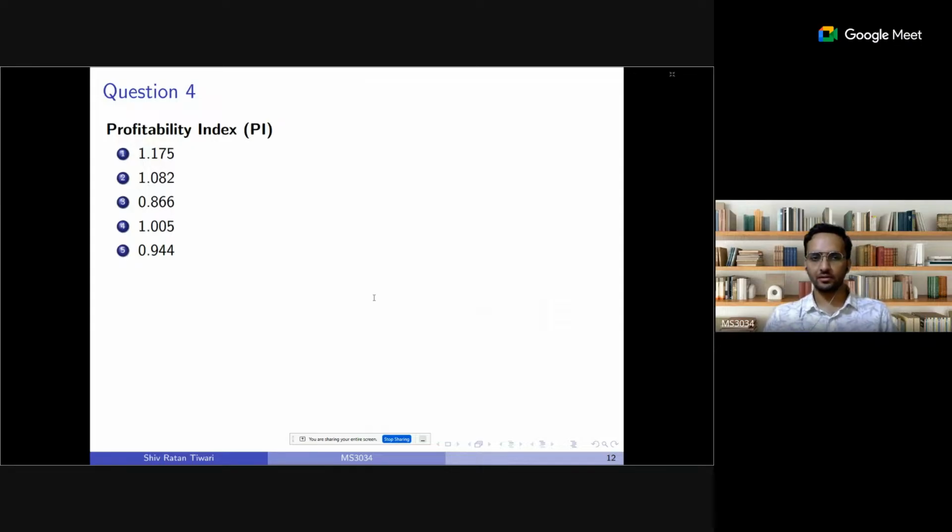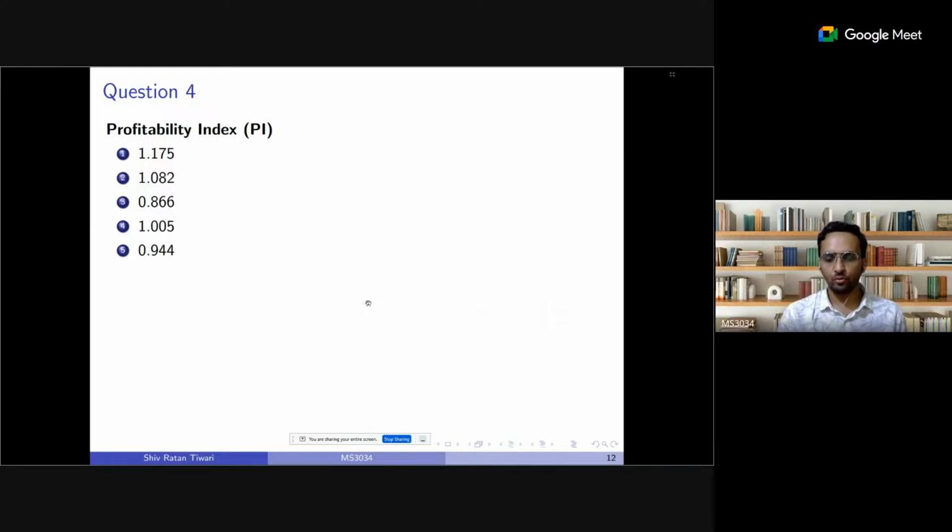So we compute the net present value of the future positive cash flows and divide it by the upfront cost, and through that I compute this profitability index. According to this criterion, the first project is chosen.